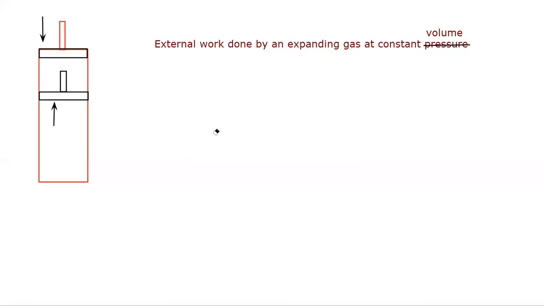So you should always remember that at constant volume, an expanding gas does not do any work. The process at constant volume is known as an isochoric process, and at constant pressure the process is known as isobaric.